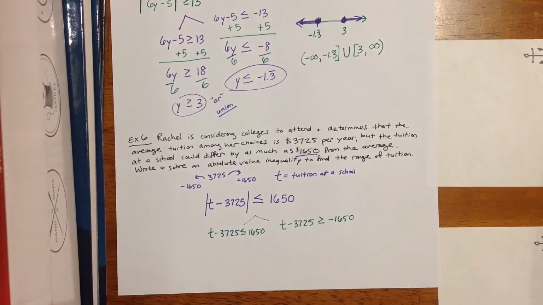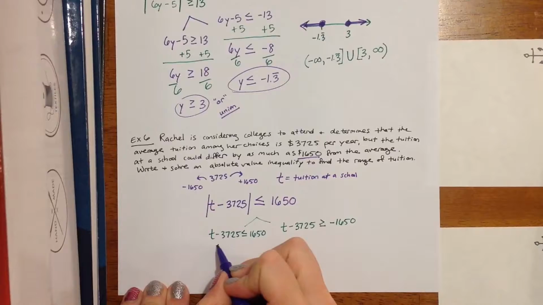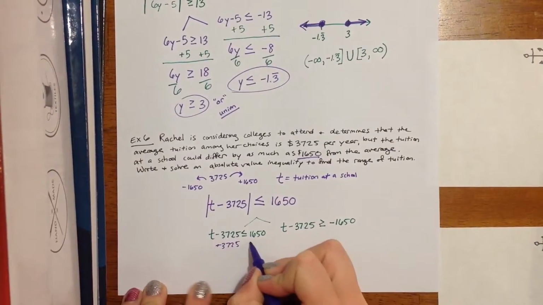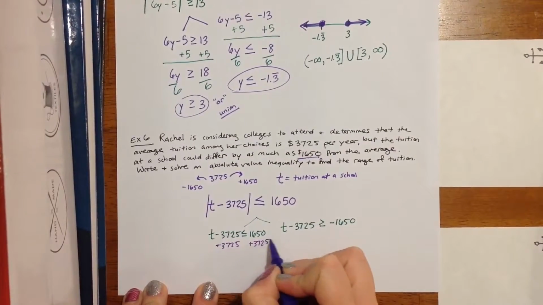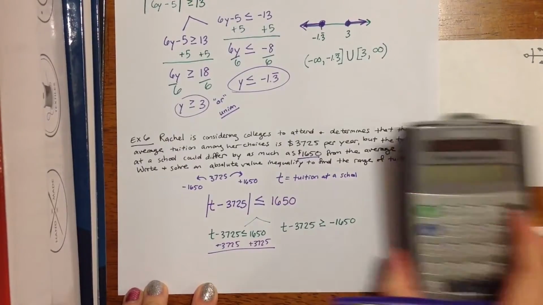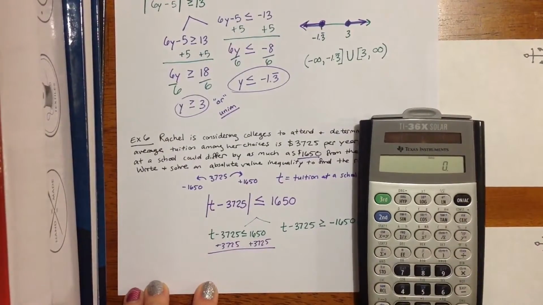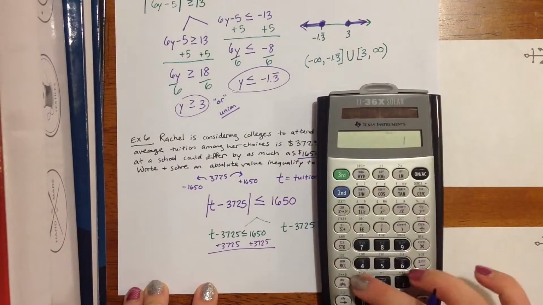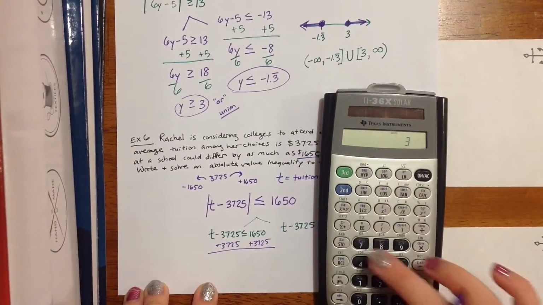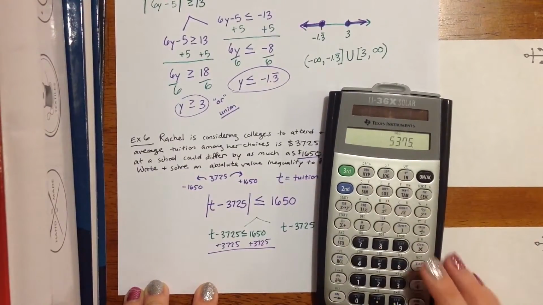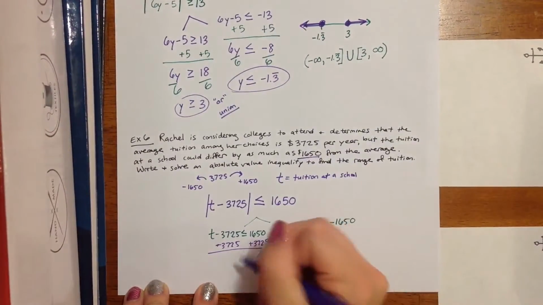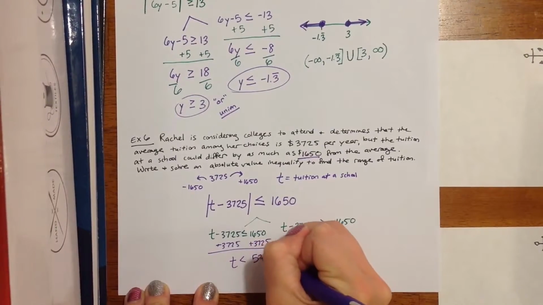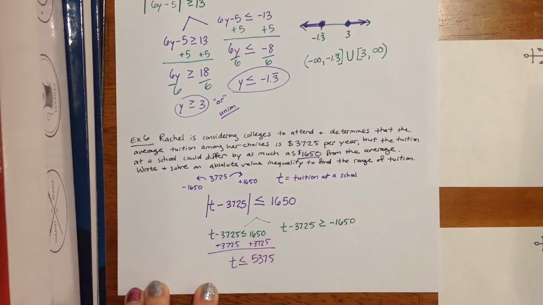So over here, I'm going to add that 3,725 to both sides. I'm just going to go to my calculator quick, make sure I don't do the wrong number. We have 1650 plus 3,725. I get 5,375. T is less than or equal to 5,375.